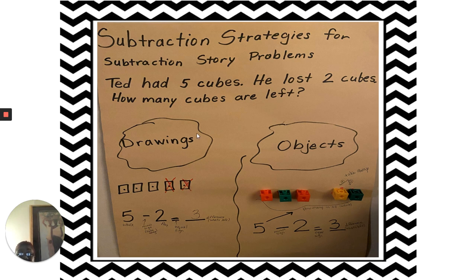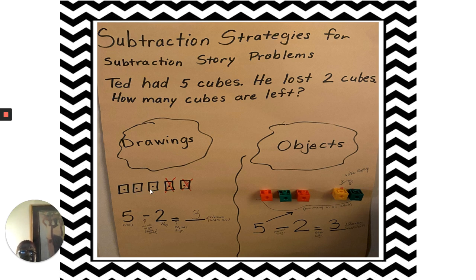Then I want to know how many cubes are left. I look at the cubes that don't have an X and I count. 1, 2, 3. Now I know how many he had in all, 5, how many he lost, 2, and how many are left, 3.